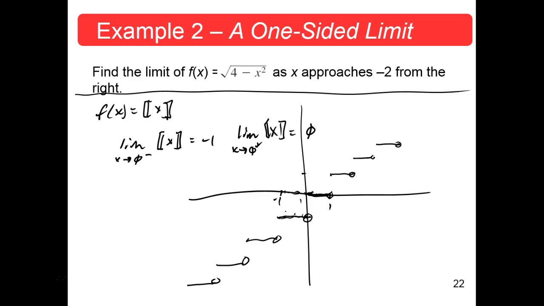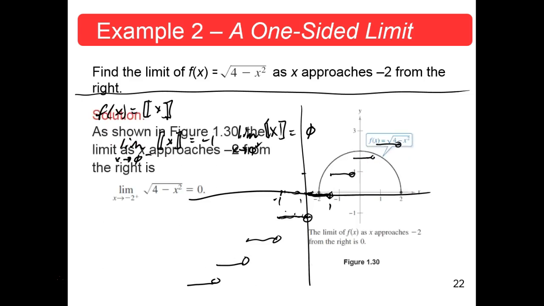As x approaches 0.5 from the left or the right, what would that be? 0, of course, because at 0.5, it's going towards 0 here, and it's going towards 0 there. You have to get close. You can't be out here and going to, you have to be fairly close. And that's one of those weasel words there, as it approaches, okay? You mean from a pretty close vicinity. All right, enough of that.